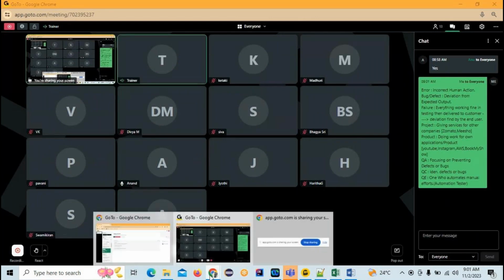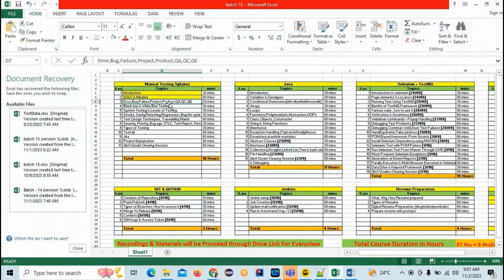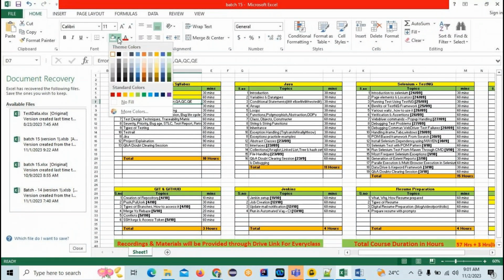Today, as I already told you, we have a very small session, with only a few topics configured for today. So we are done with error, bug, failure. And unfortunately, tomorrow we don't have class because I have some personal emergency work.